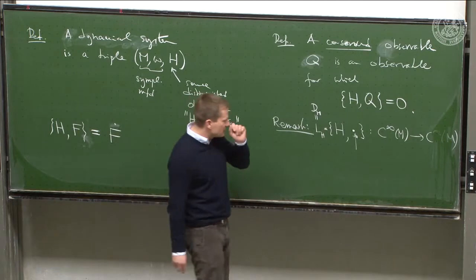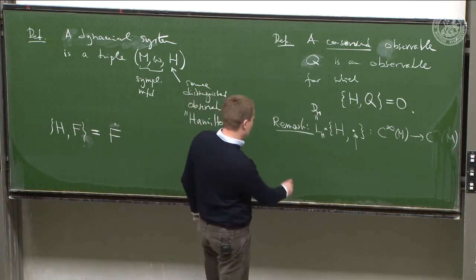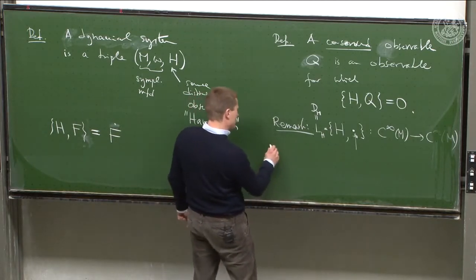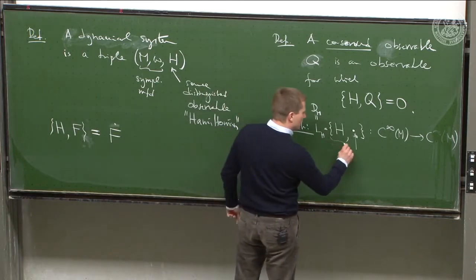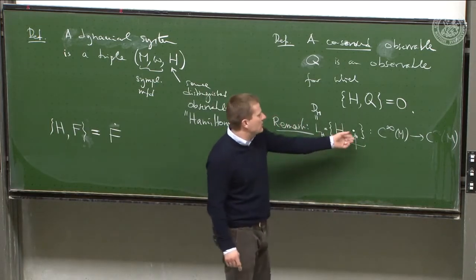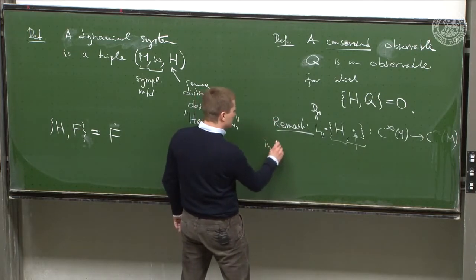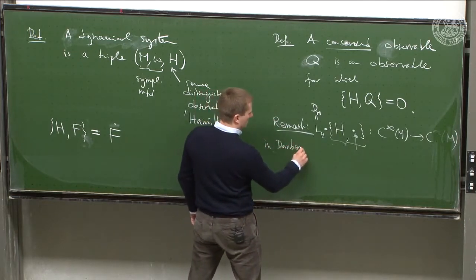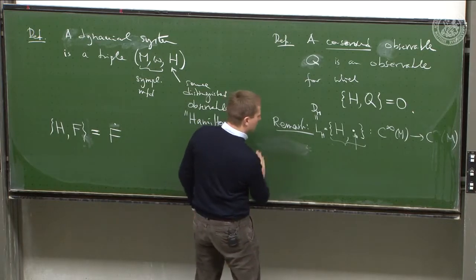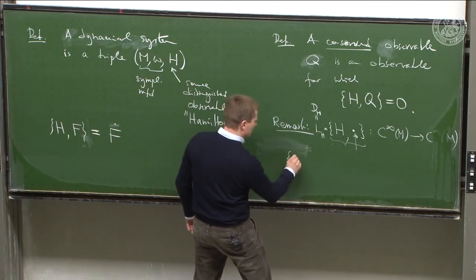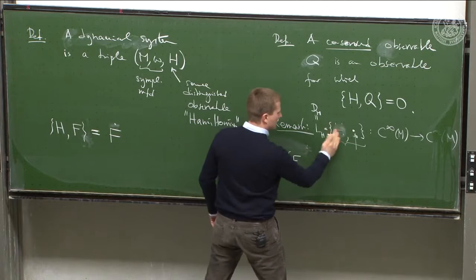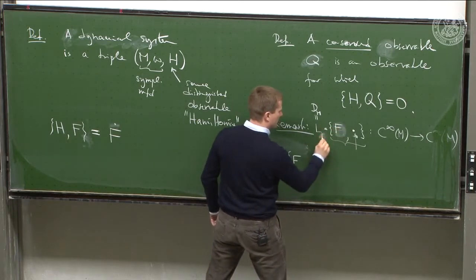Okay, but where I want your attention is that this object, which is a little bit like, okay, you can plug something in, something comes out. What is it? Well, in Darboux coordinates, well, we don't need Darboux coordinates. I have any observable f, okay, I'll write any observable f here.